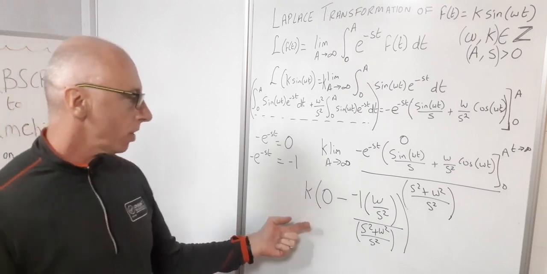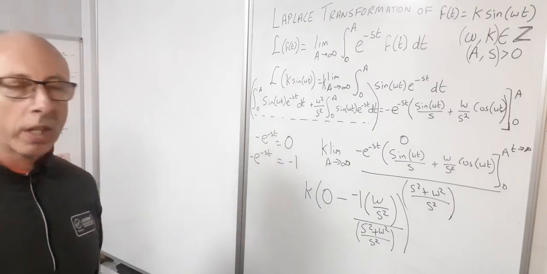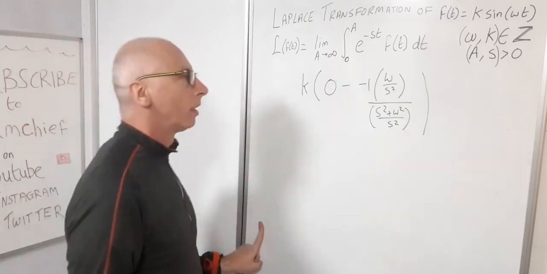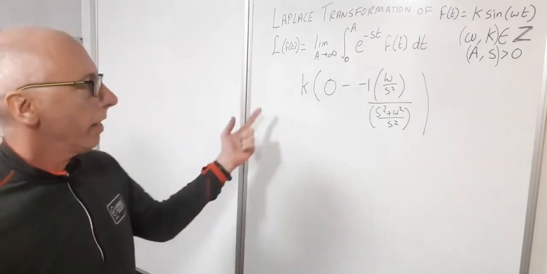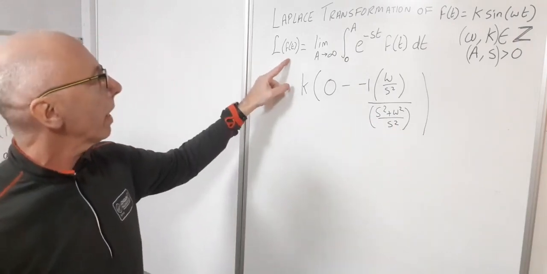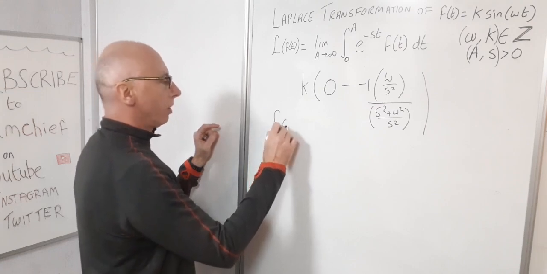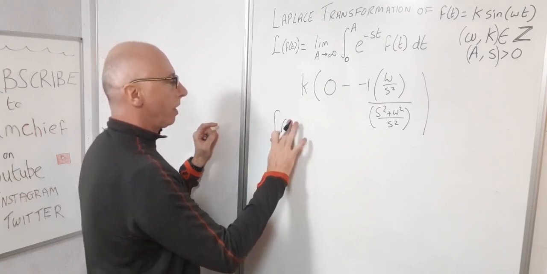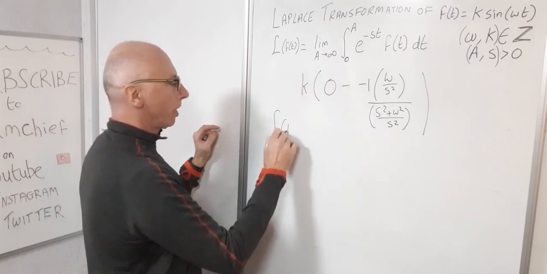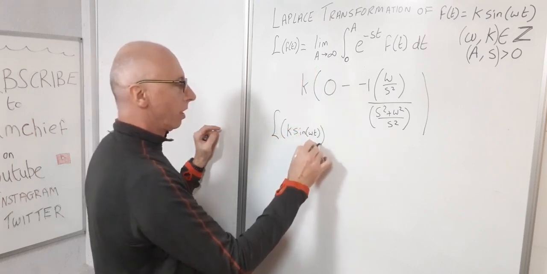Okay, now it looks a little bit confusing. I'm going to take this up to the top of the board. I'm going to work out what our solution is. Okay, now this looks a little bit messy, but that's the result for our Laplace integral. So our Laplace transform of, let's just write that as our function k times sine of wt.